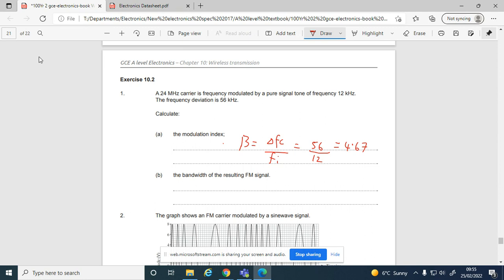I'm going to go for the first one: twice delta FC plus Fi. In this particular case, it's twice (56 plus 12). Put that into your calculator, press equals, and it'll be 136 kilohertz. Hopefully that's not too bad for you.